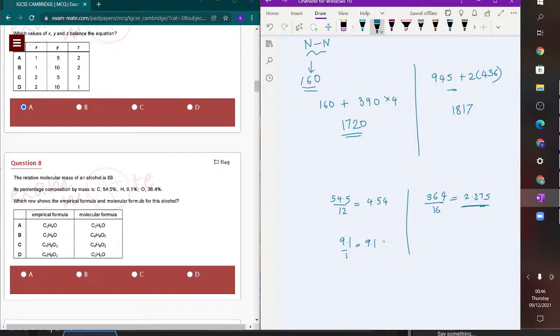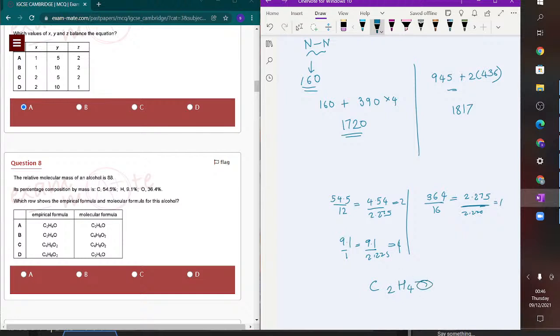This is the lowest one, so we will divide everything by it. 4.54 upon 2.275 looks like 2, but let's check it on the calculator. Yeah, that's 2, and 9.1 over 2.275 looks like 3, but let's check it. No, that's 4, my bad. So C2H4.